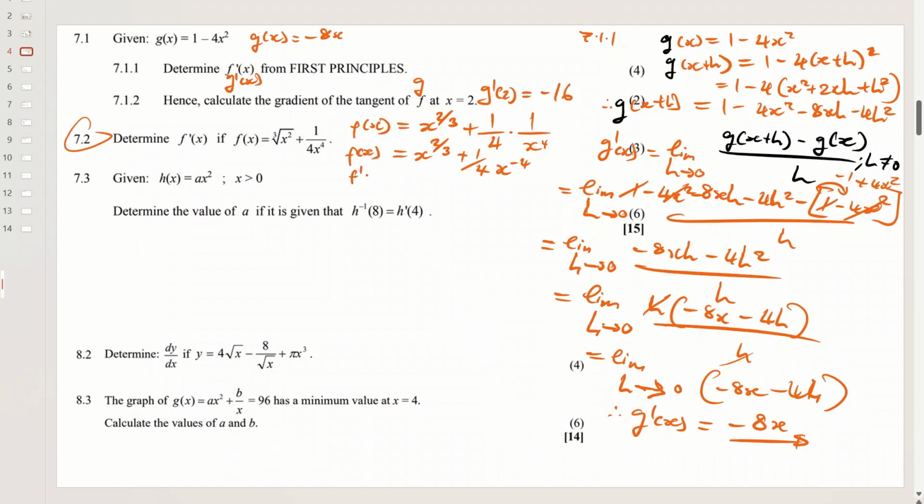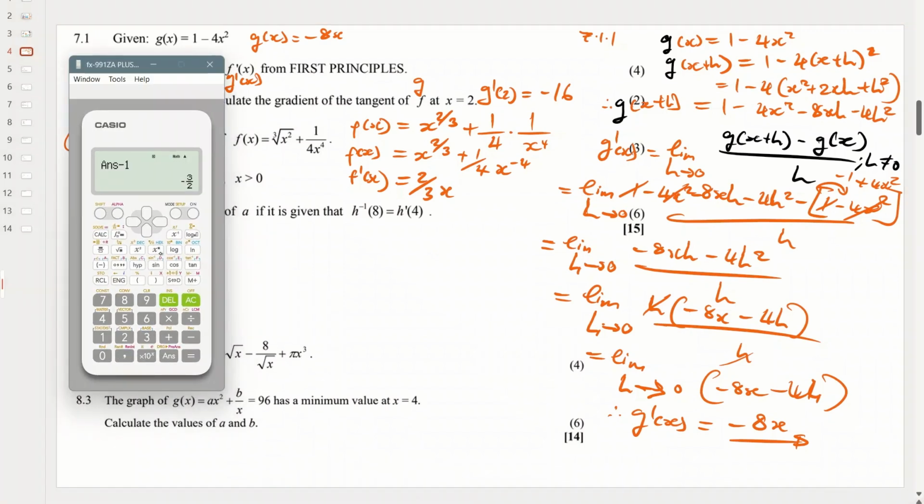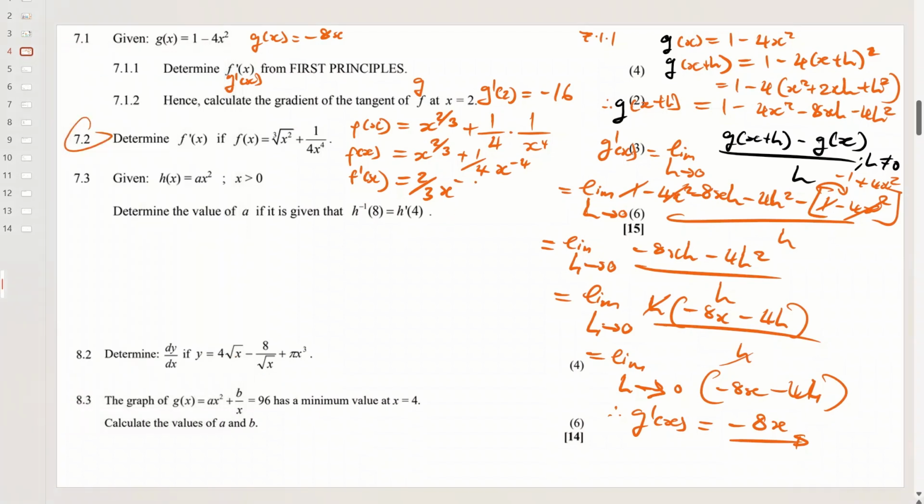So now let's take the derivative. When you take the derivative here, you have 2 all over 3 times x to the power, now let me see. What is that? You say 2 all over 3 minus 1, left with negative 1 all over 3. And then negative 4 times the 1 over 4 there. So the quarter, you're left with negative x to the minus 5.